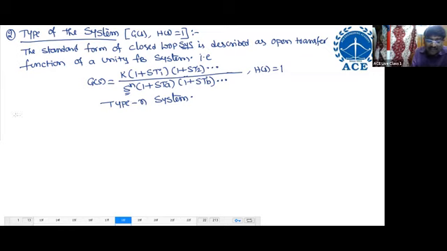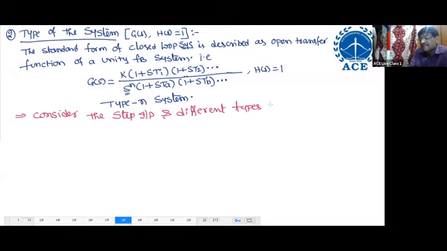Now consider the step input and different types of systems. So take a step input. What is the steady state error?